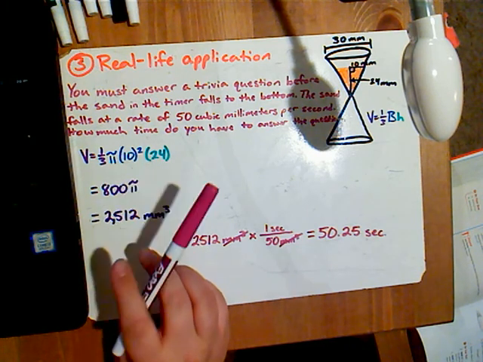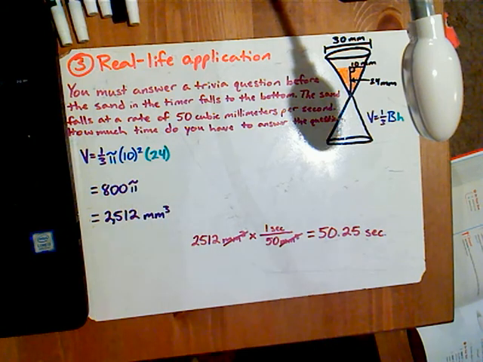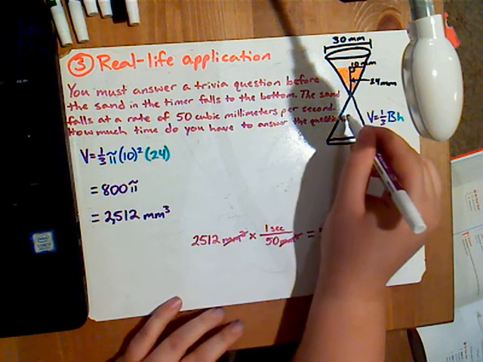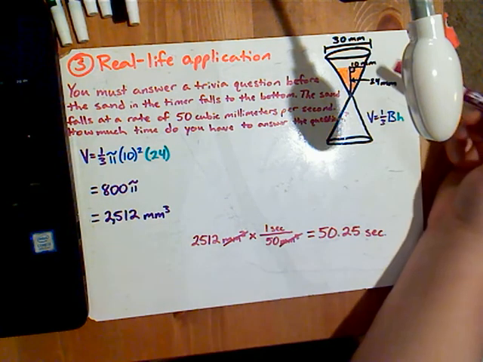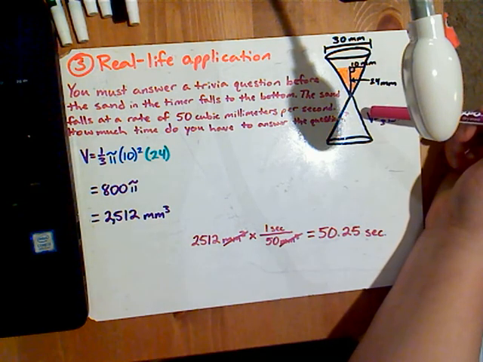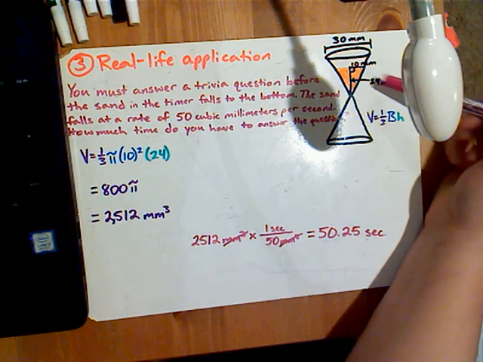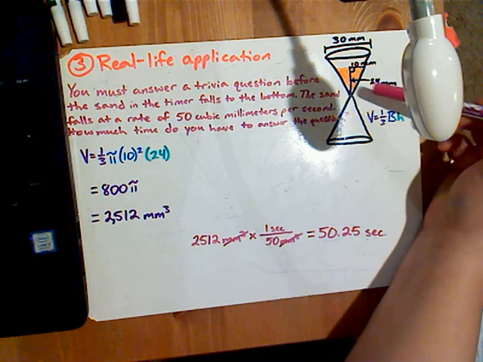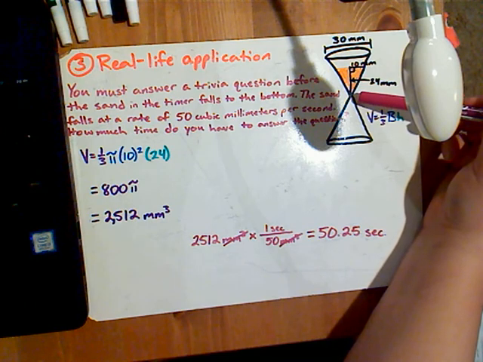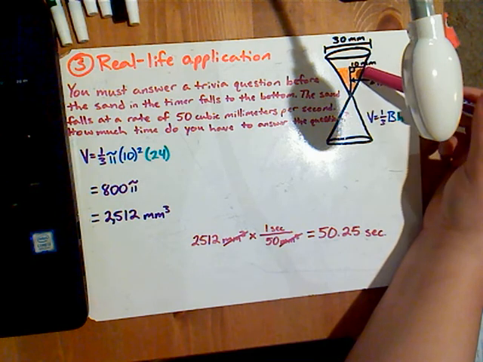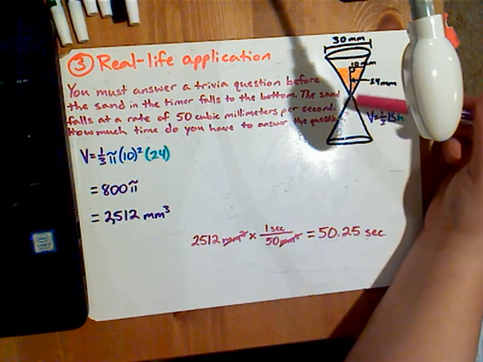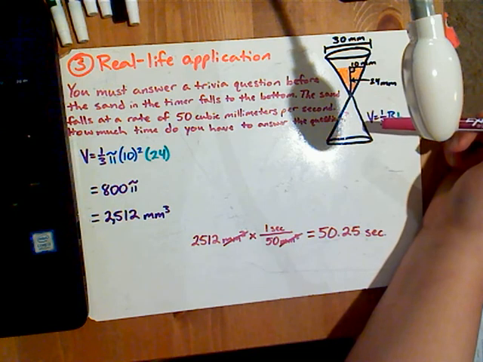How much time do you have to answer the question? Okay, so we've got our timer here, and we've got 24 millimeters is the height, 10 millimeters is the radius of the amount of sand that's there in our cone.